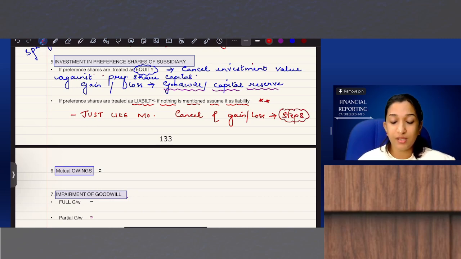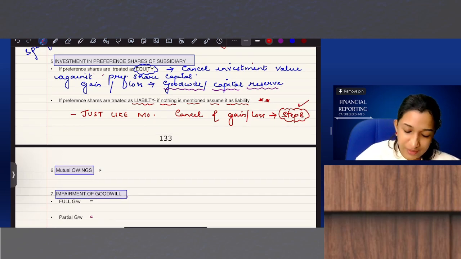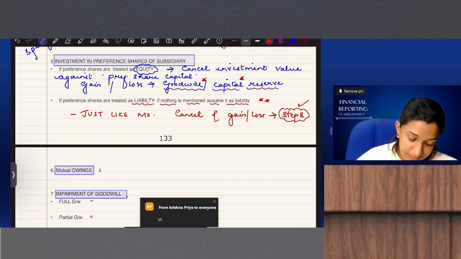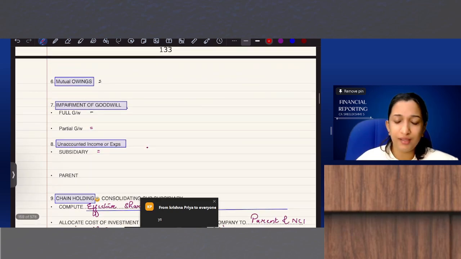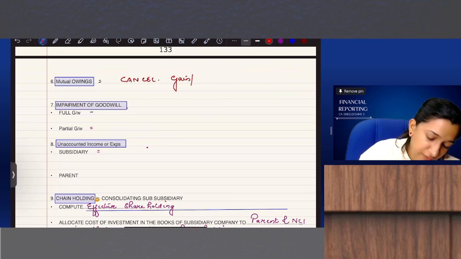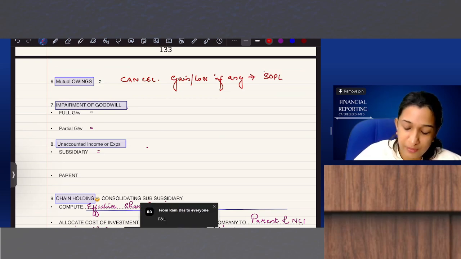Liability: gain or loss in P&L. Equity: gain or loss is considered as goodwill or capital reserve. Did you get that? Then mutual owings, like any other mutual owings, cancel. Gain or loss, if any, to statement of P&L.